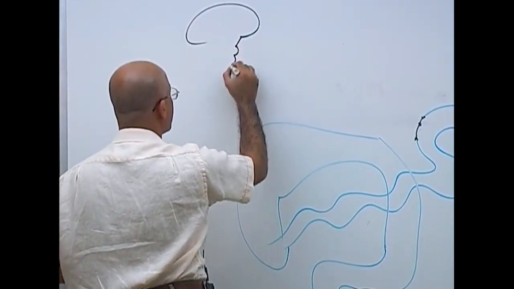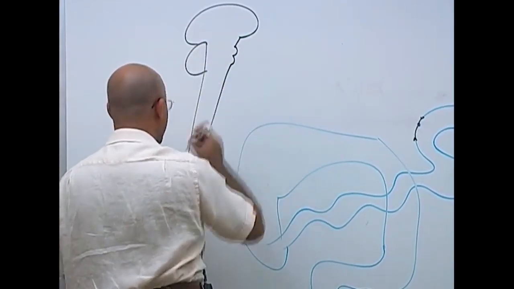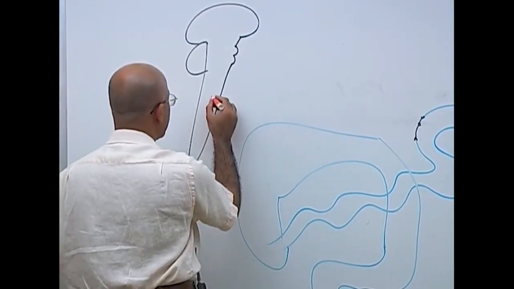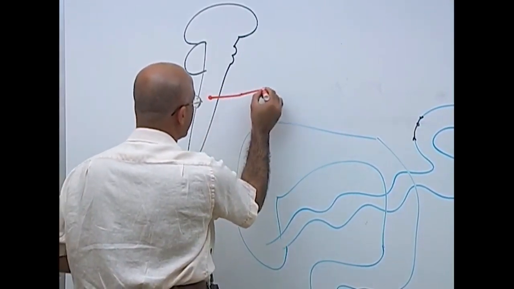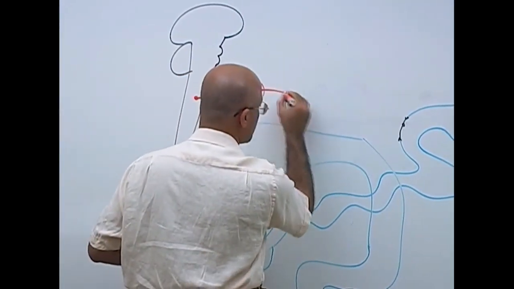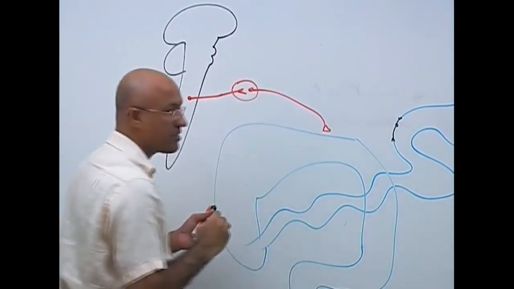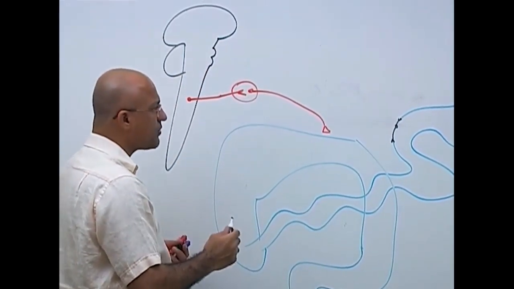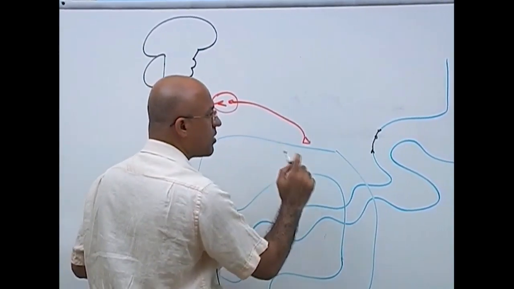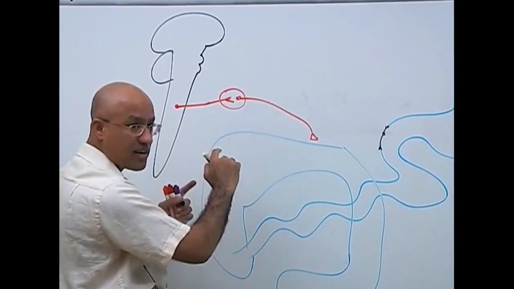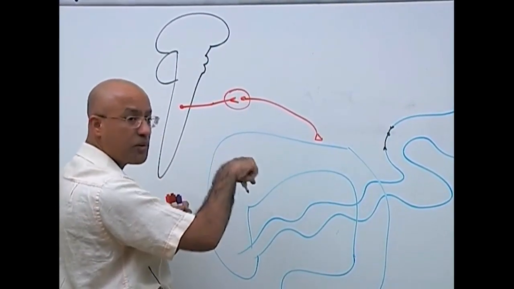central nervous system and sympathetic ganglion also play a role. Let's suppose this is preganglionic sympathetic fibers and this is postganglionic sympathetic fiber going to the gastrointestinal system. Now, some sensory fibers can go from one part of the gastrointestinal system up to the ganglia, and then response comes.